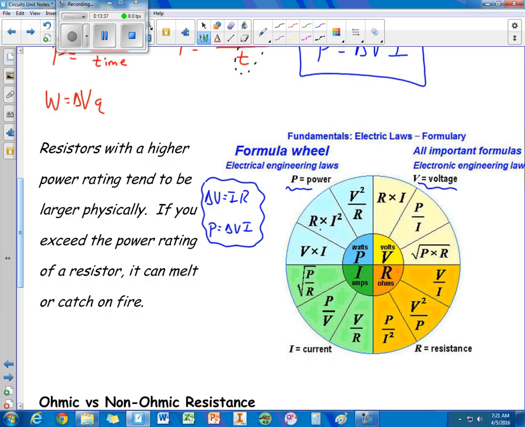For voltage, V equals I times R, or power divided by current, or the square root of power times resistance, and so on and so forth. So this is called the electrician's wheel, and it just gives us a way of calculating all 4 of these variables. And they just use simple algebra to get all of them.